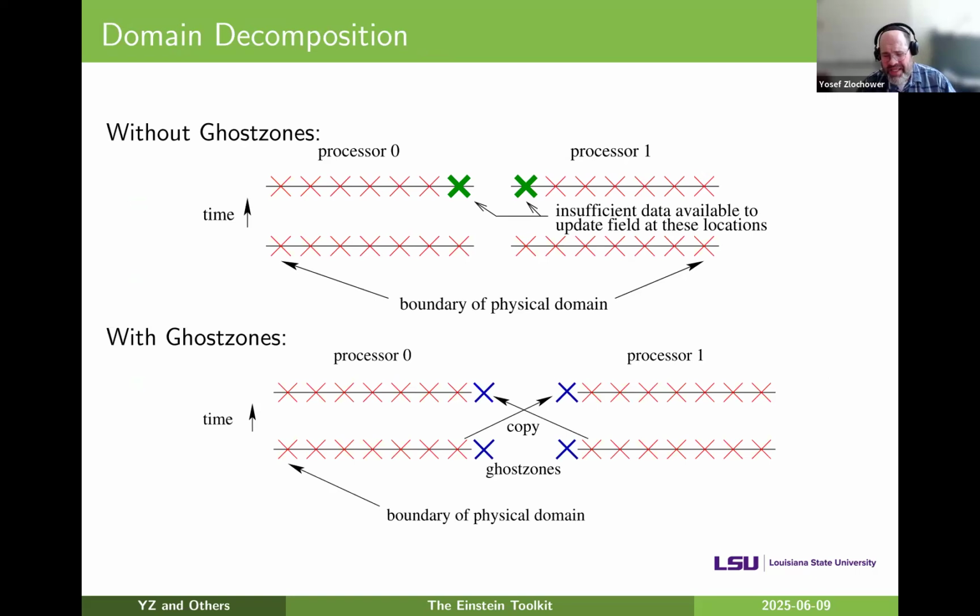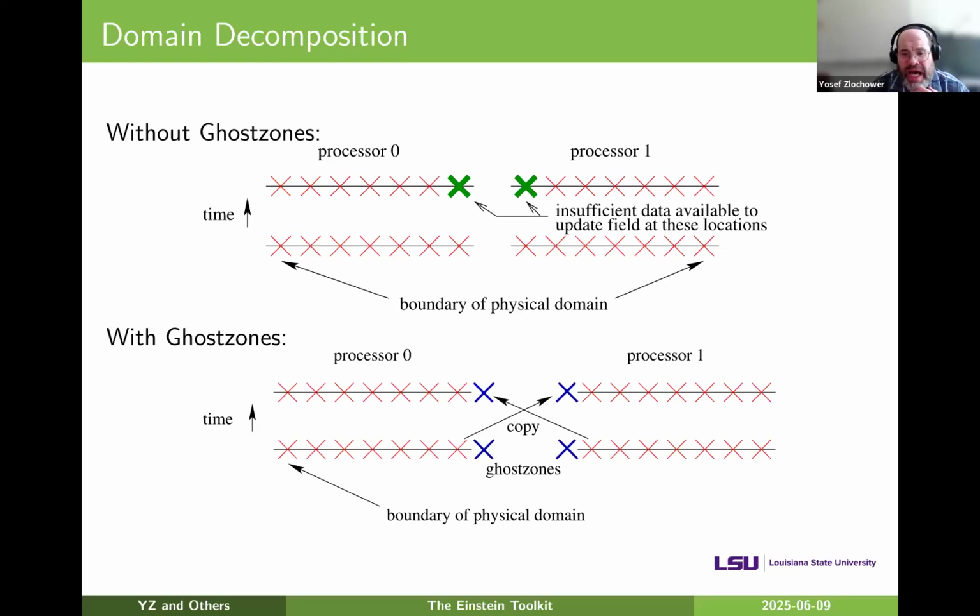Okay, so the fundamental way that Einstein Toolkit deals with parallelization is through the use of ghost zones. We can imagine we have a grid, and we want to take that grid and distribute it onto different computers.